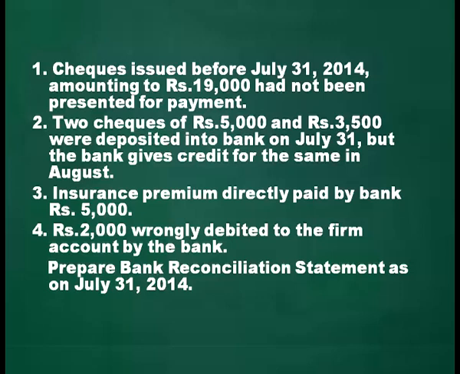Two checks of rupees 5,000 and 3,500 were deposited into bank on July 31st, but the bank gives credit for the same in August only. So, total amount of two checks, 5,000 plus 3,500, 8,500. Insurance premium directly paid by the bank 5,000, 2,000 wrongly debited to the firm account by the bank. Prepare bank reconciliation statement as on July 31st, 2014.